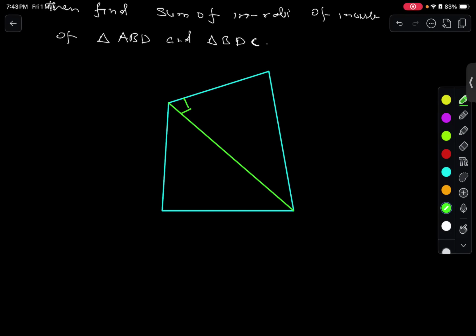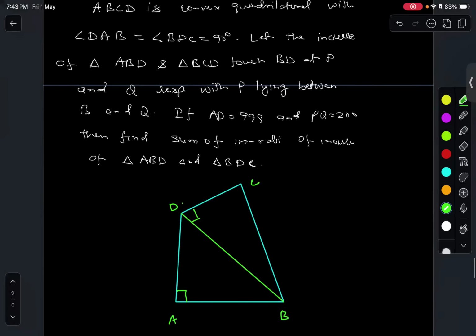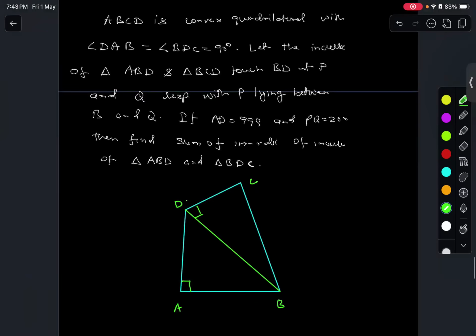So this is a little bit of 90 degrees, and this is 90 degrees here. So this is A, B, C, and D. DAB is 90 and BDC is 90. Okay, that's great. And BD has the incircles.